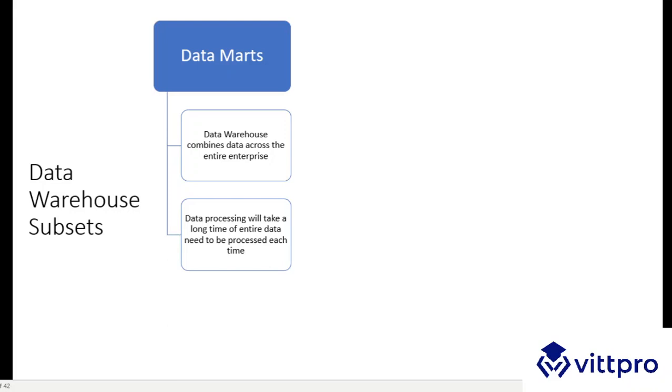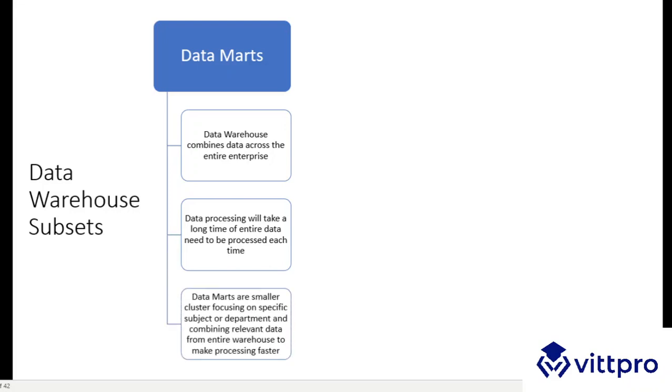Making a pivot table with 100 rows or with 10,000 rows is different: the processing time, the file size, and the speed at which you can generate results all differ. So what a data mart does is consolidate only the relevant data into smaller chunks, so that the processing is faster and the results are quicker. They are smaller clusters focusing on a specific subject or department, combining the relevant data from the entire data warehouse to make the processing much faster and easier.